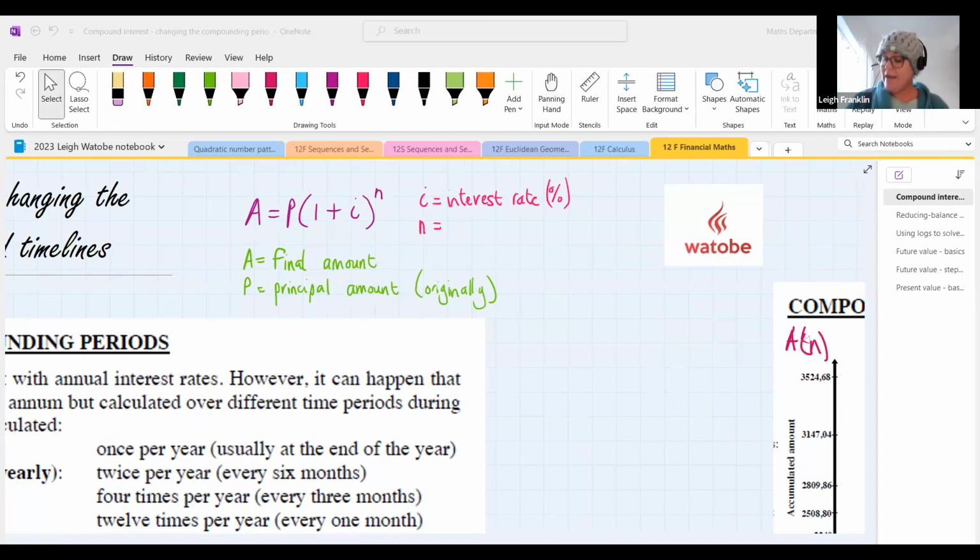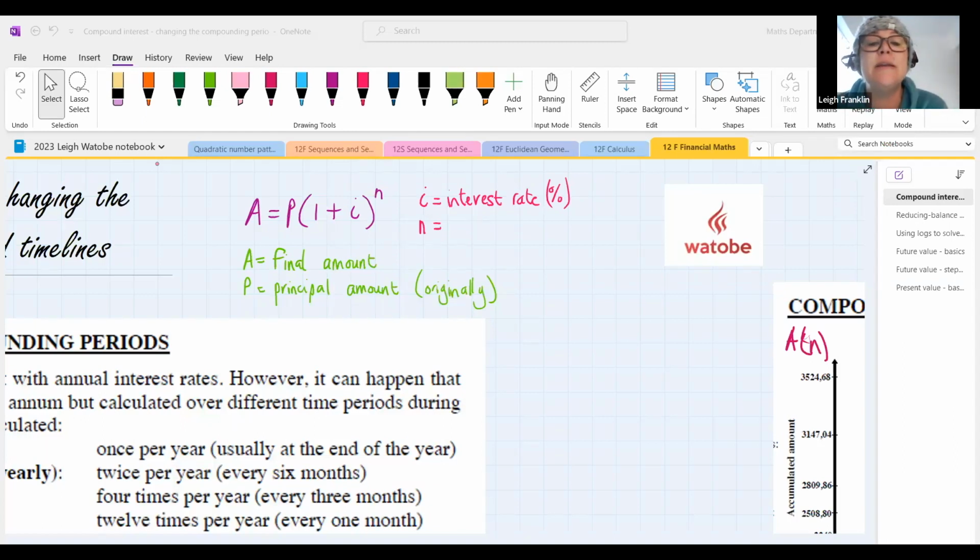But the letter n actually does not represent the number of years, not in compound interest. It also doesn't represent the number of payments because there's not a regular payment being made like there is with the future value and present value formulas. The letter n represents how often the interest is compounded within the period.